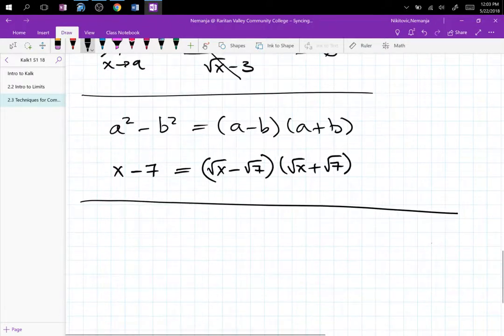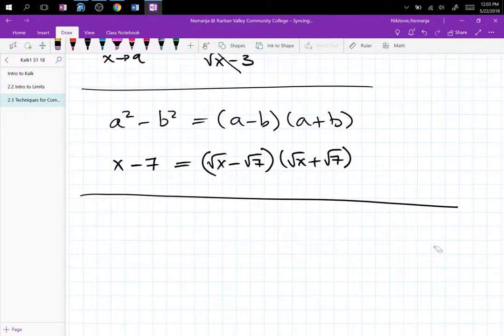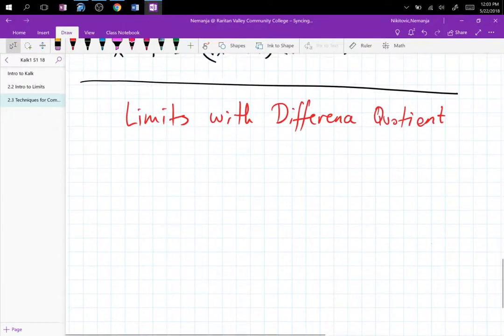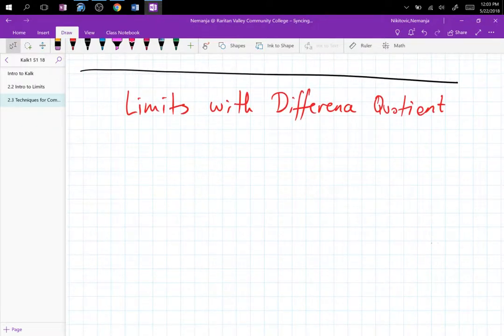So this stuff is going to be extremely important. Limits with difference quotient. In pre-calculus 1, at some point in your life, you learn the difference quotient formula.